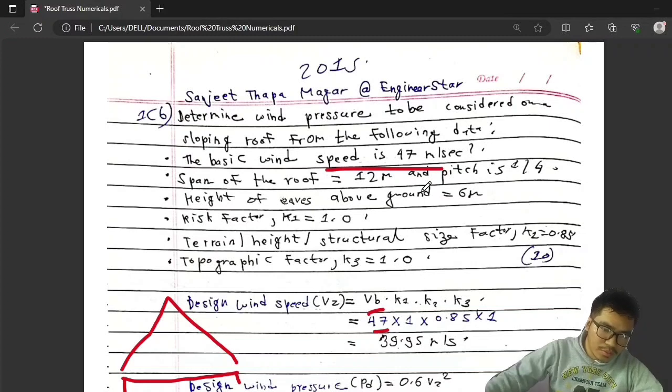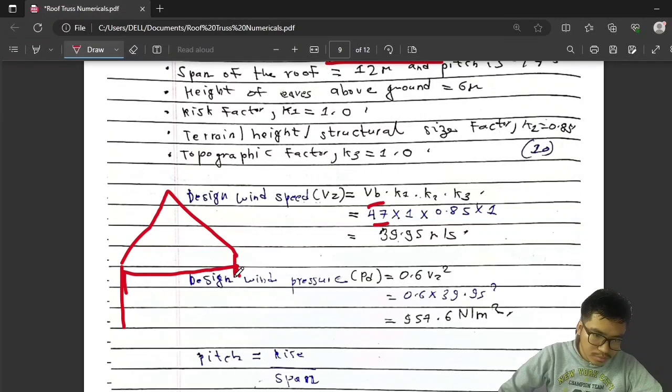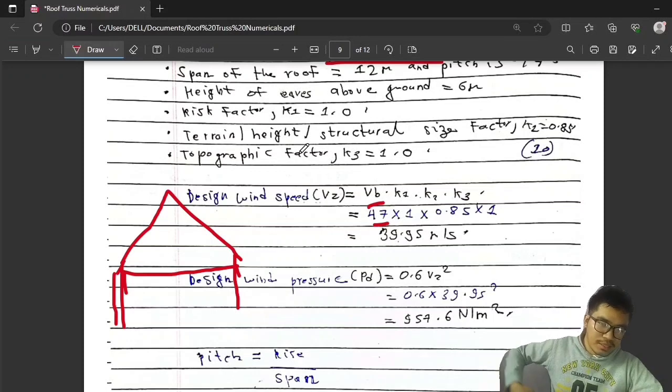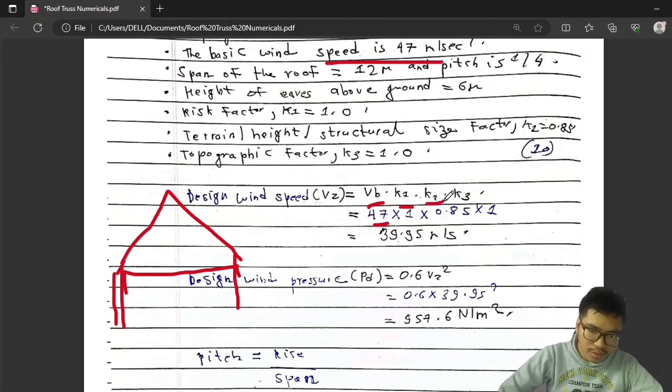Height of eaves above the ground is given. K1 is risk factor, which is 1. K2 is terrain height or structural size factor, which is 0.85, and K3 is topographical factor, which is 1, given in the question. So K1, K2 and K3 are 1, 0.85 and 1 respectively.